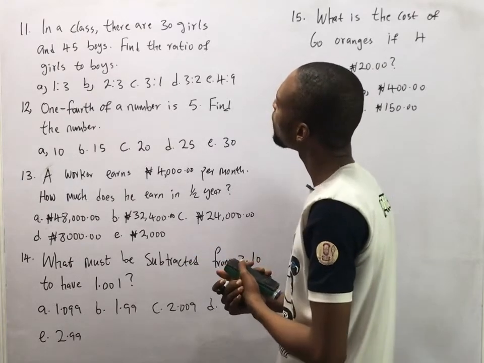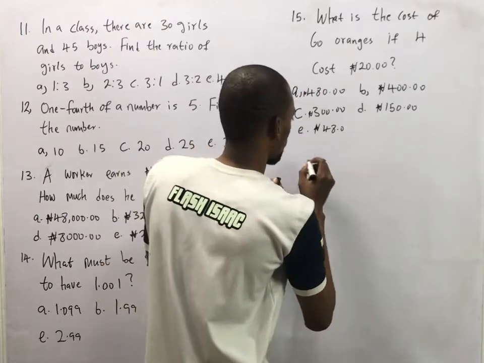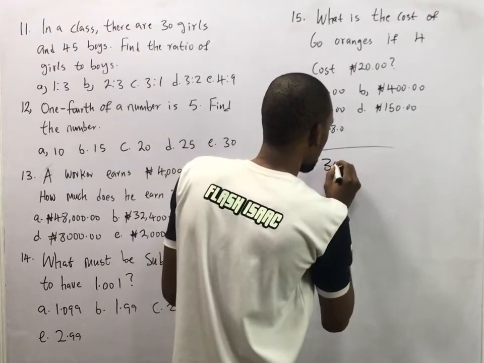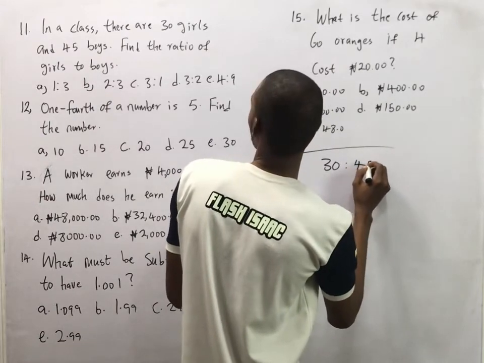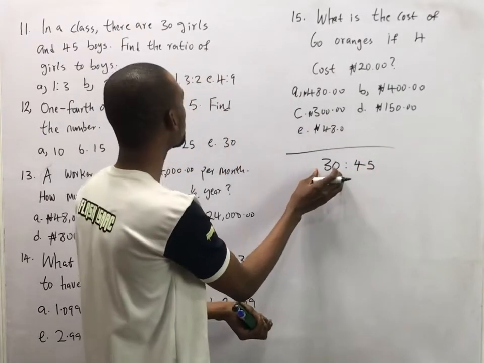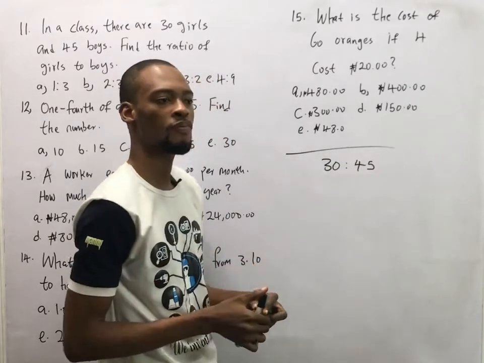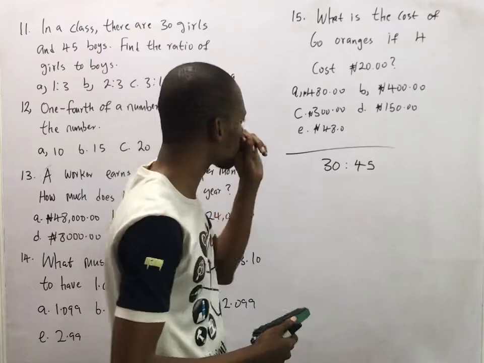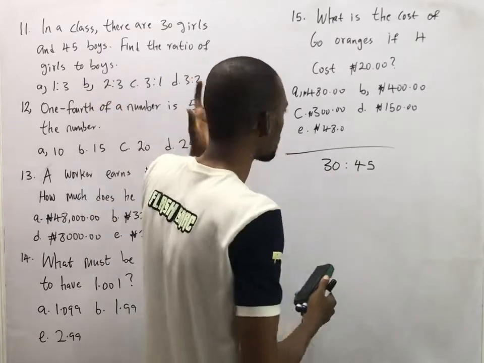The ratio of girls to boys is simply 30:45. We have 30 girls and 45 boys. This is the ratio.